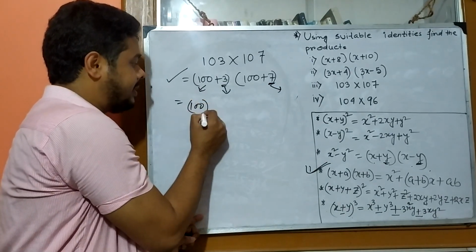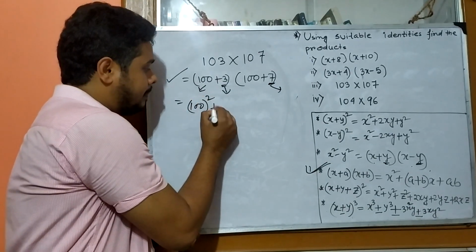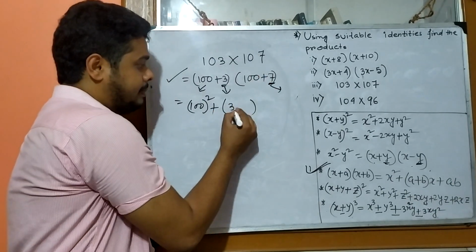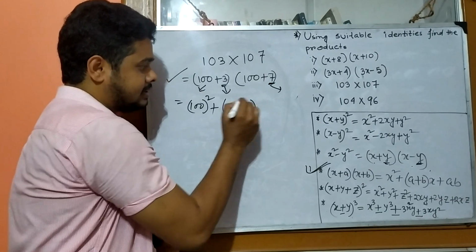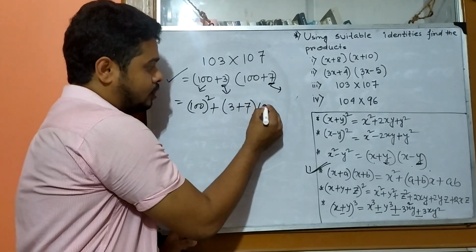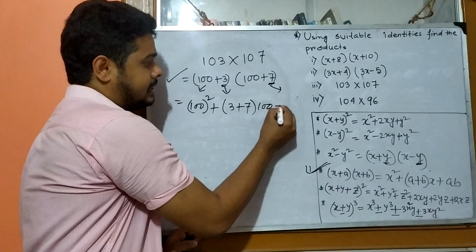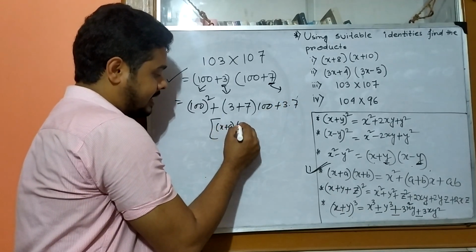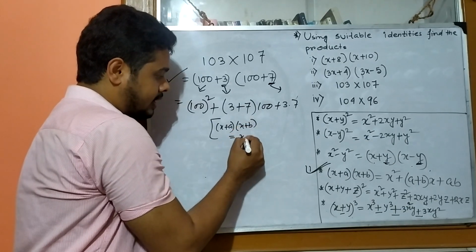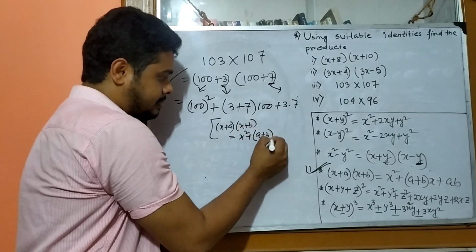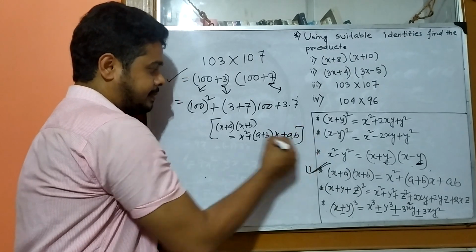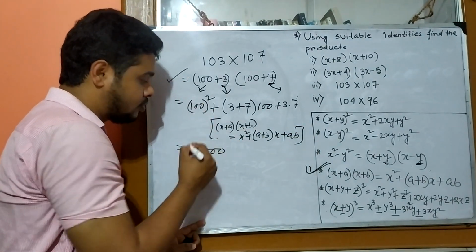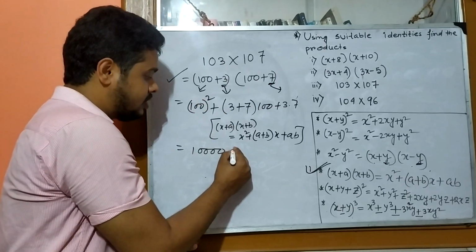So x square means 100 square, plus a plus b, a means 3, b means 7, into x, plus ab. As x plus a into x plus b equals x square plus a plus b into x plus ab, using that identity. So 100 square means 1 and four 0s, that is 10000.